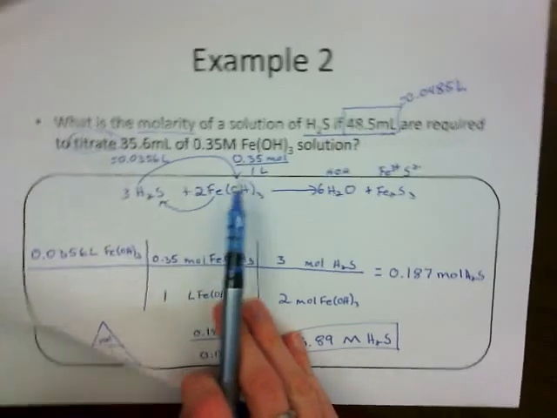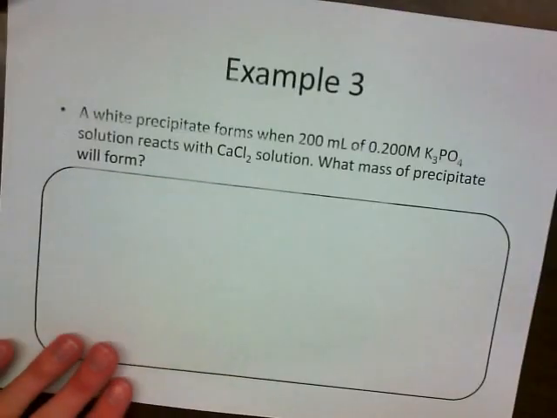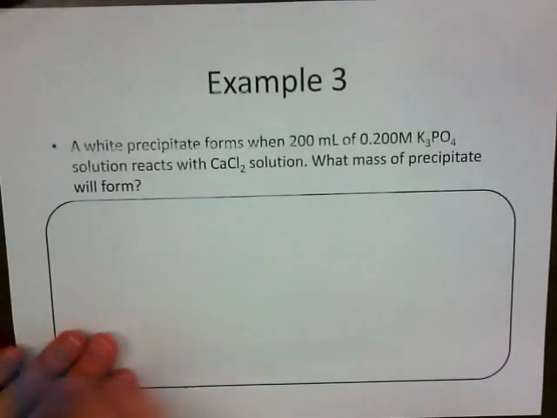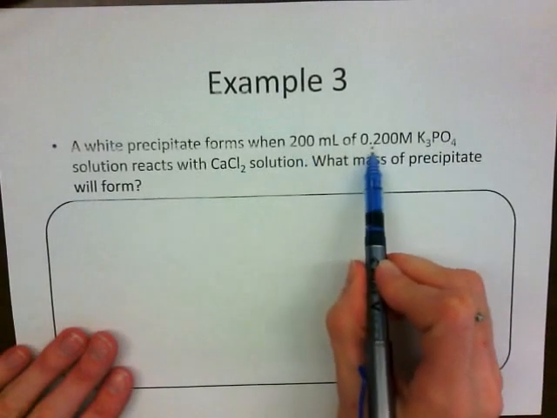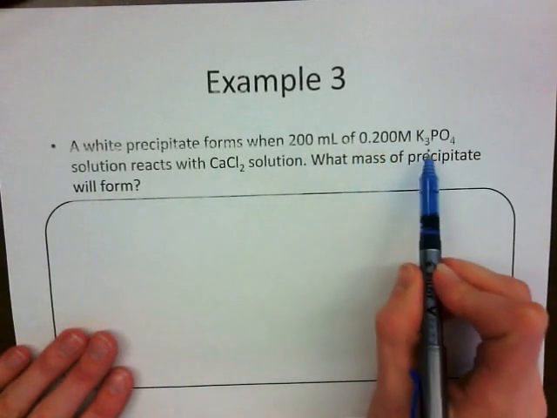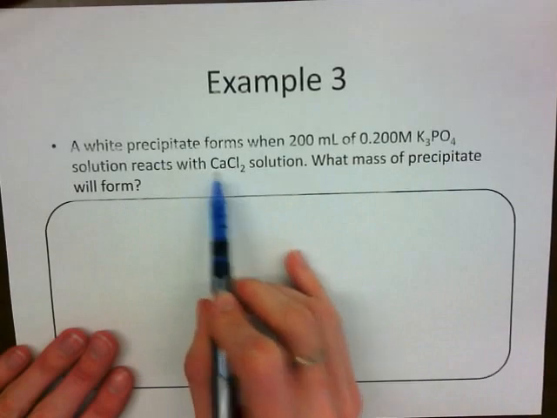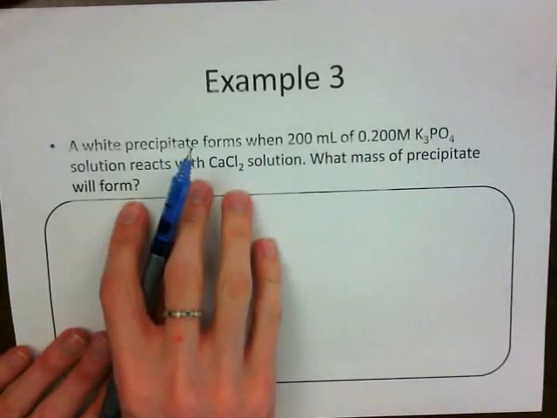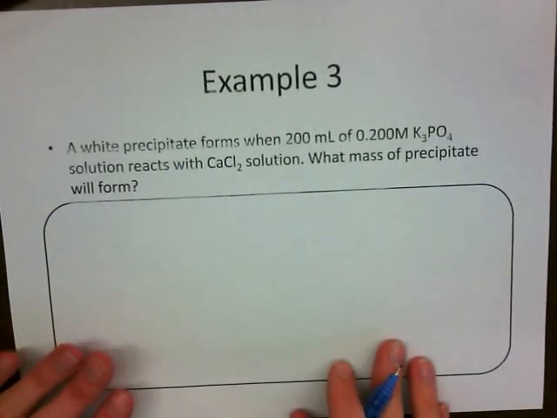Alright, last example. White precipitate forms when 200 milliliters of 0.2 molar potassium phosphate reacts with calcium chloride solution. What mass of precipitate will form?